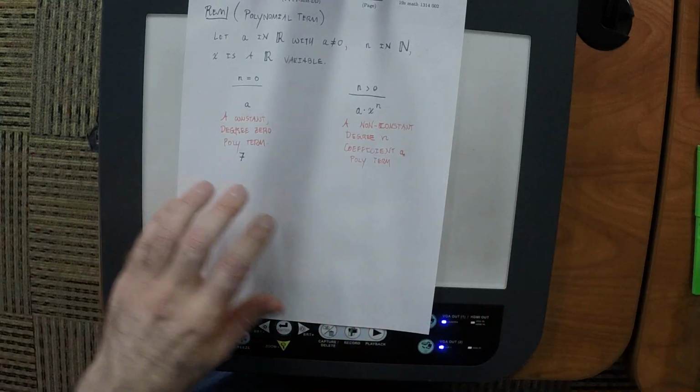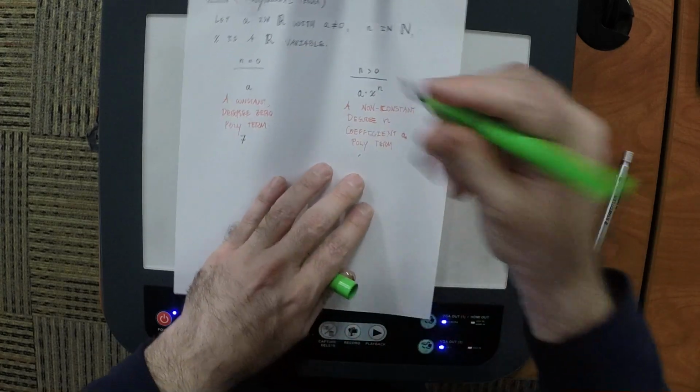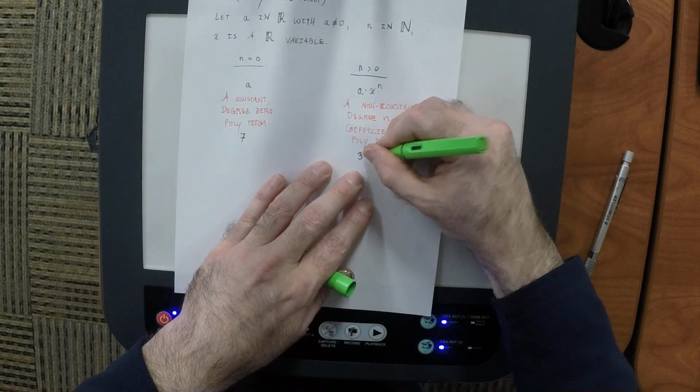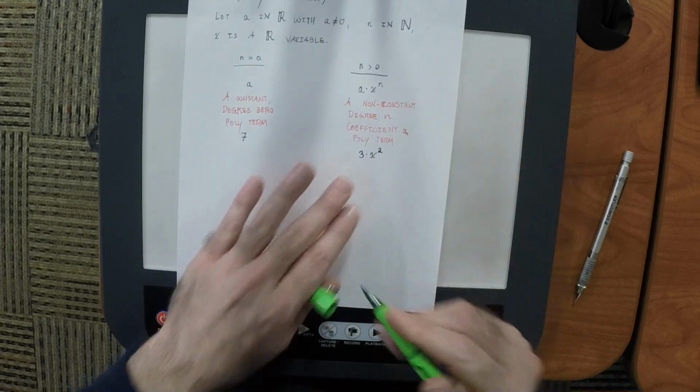Okay, and an example could be something like 3 times x to 2, something like that.